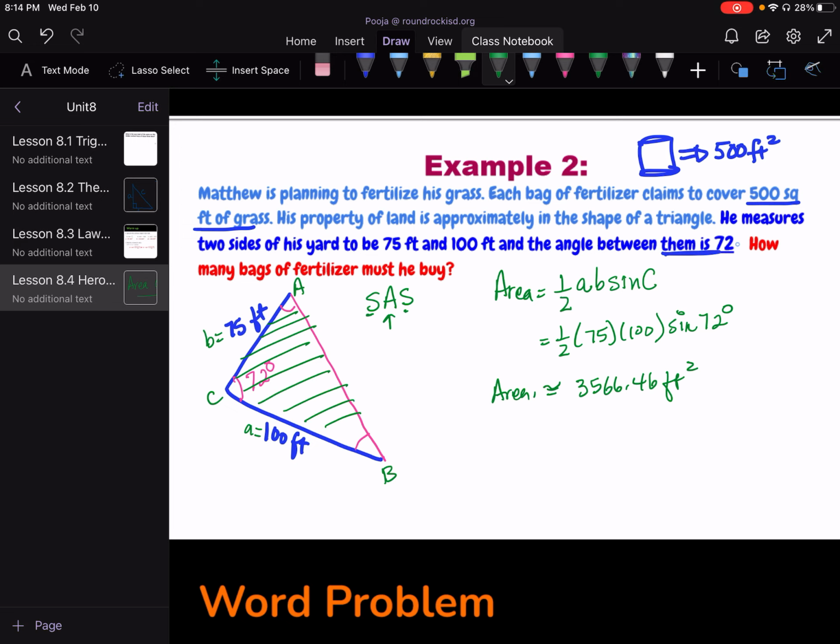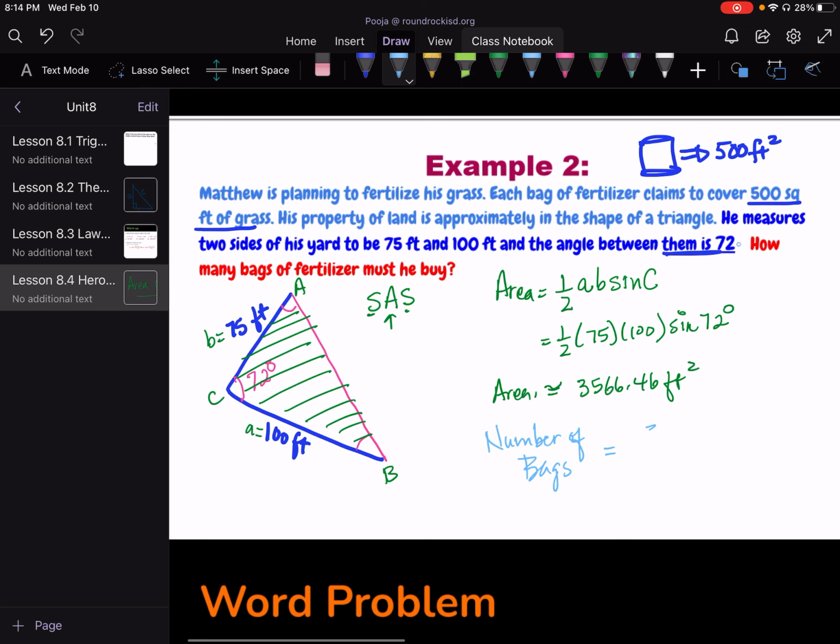We have figured it out. Now keep in mind the question is asking me how many bags, and they told me that each bag covers 500 square feet. So the number of bags required will be the total square footage, 3566-ish, divided by the amount of square footage that each bag will cover.